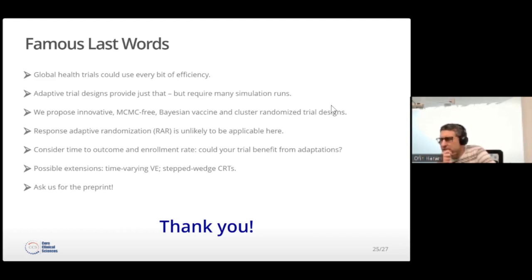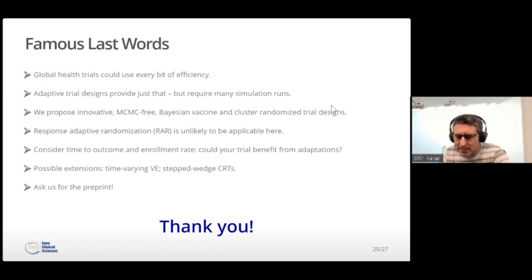As far as time to outcomes, I'm saying consider time to outcome and enrollment rate. Could your trial benefit from adaptations? What I'm saying by that is that it's very appealing to now recommend adaptive trials for everything.